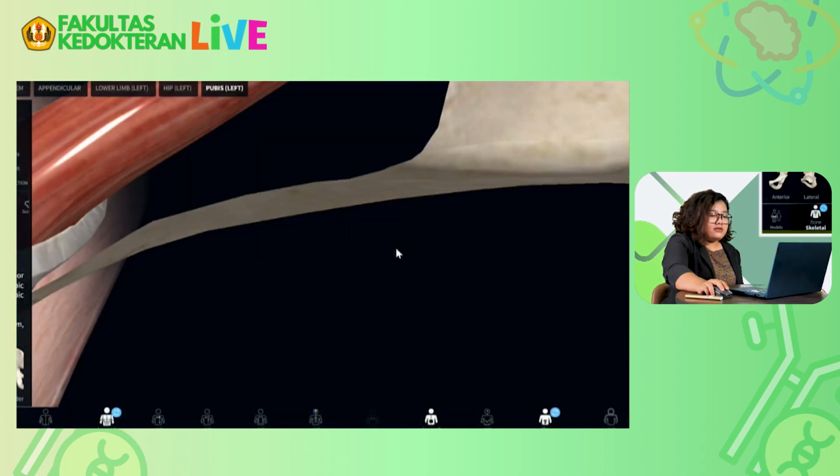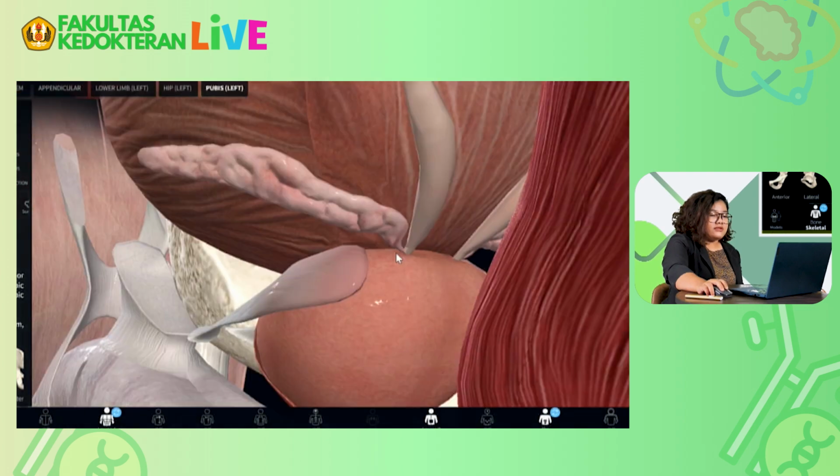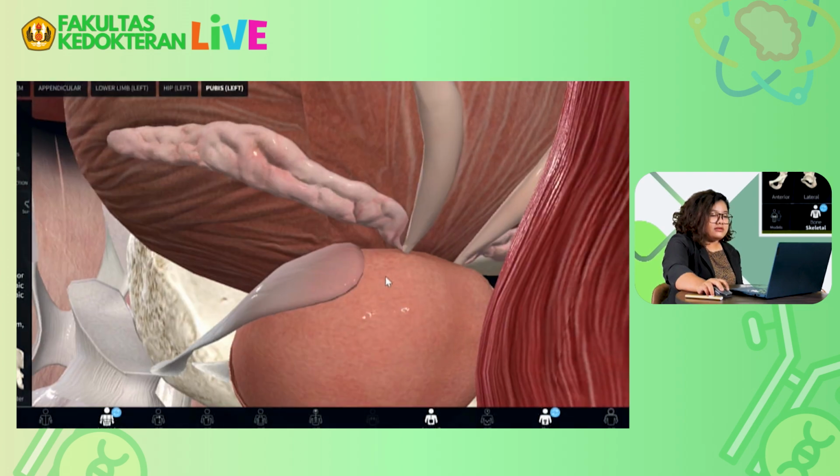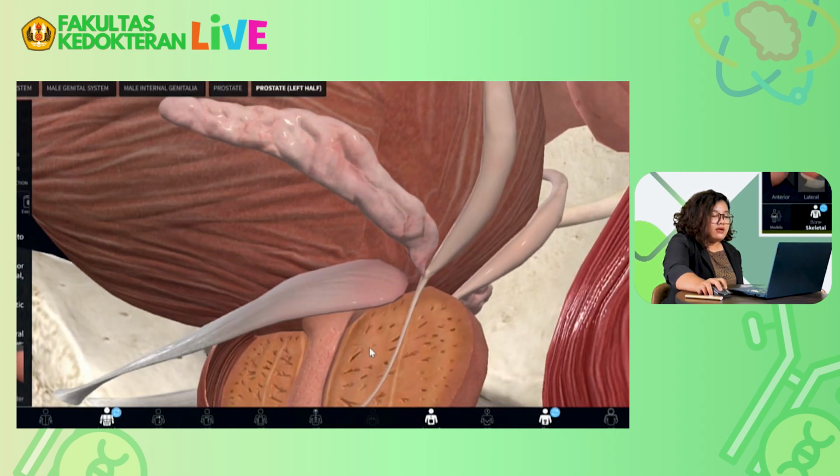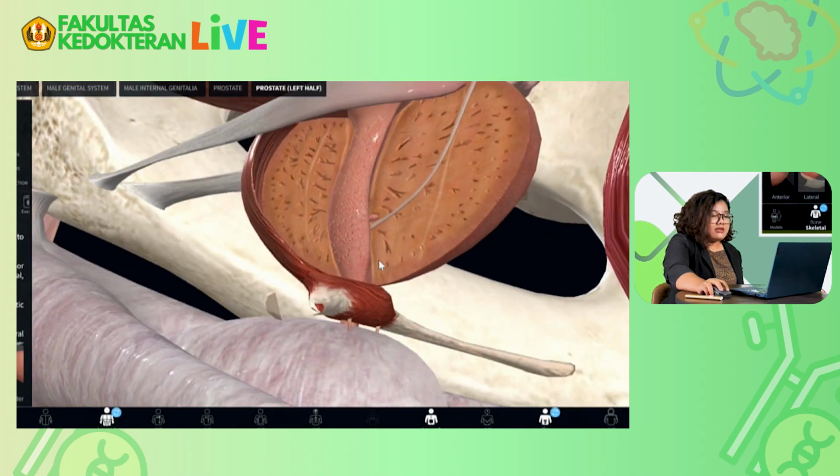You can see here, it's too close, I'm sorry. Yes, this one. You can see that this is the seminal vesical duct, and then this is the vas deferens. They merge inside the prostate. Let me remove the prostate here. There you go. And we can see the inside.